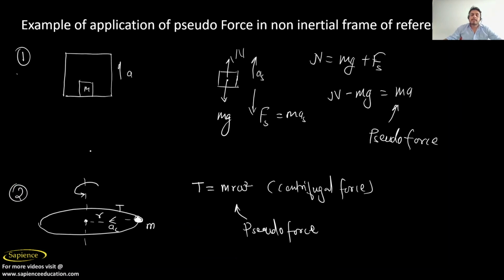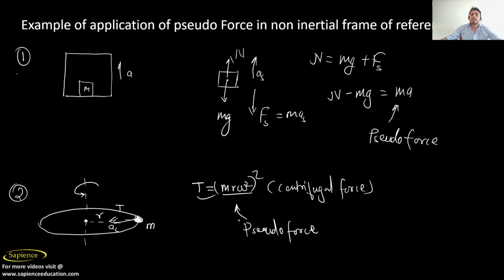In case of this circular motion, what happens? Tension T is equal to m r omega square. You know this. This is called centrifugal force. Okay. So centrifugal force is acting, and acceleration is in this direction, force is acting in this direction.